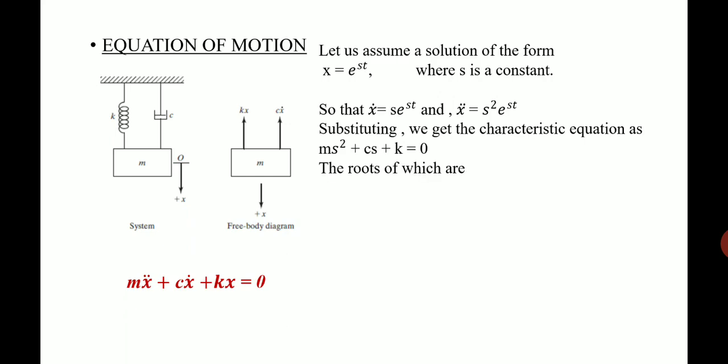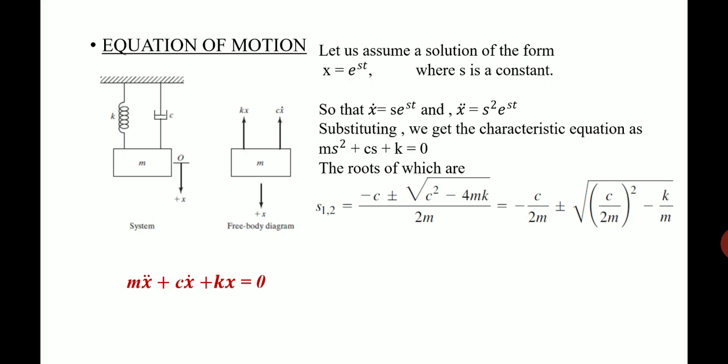This is a quadratic equation, the roots of which are given by minus b plus or minus root of b square minus 4ac, divided by 2a. Substituting, you get two roots because it is a quadratic equation: minus c plus or minus root of c square minus 4 m k, divided by 2m. Rearranging and taking 2m inside the root, the roots are minus c by 2m plus or minus root of (c by 2m) the whole square minus k by m. So that is the root of the equation.